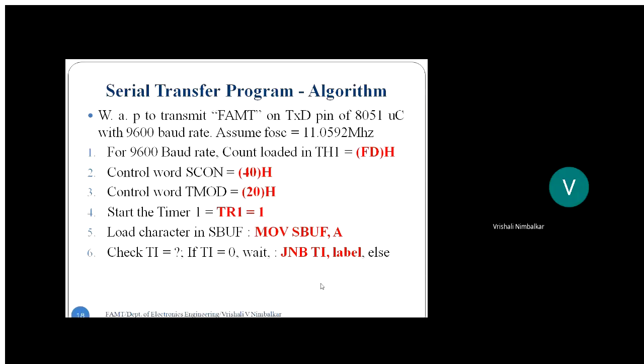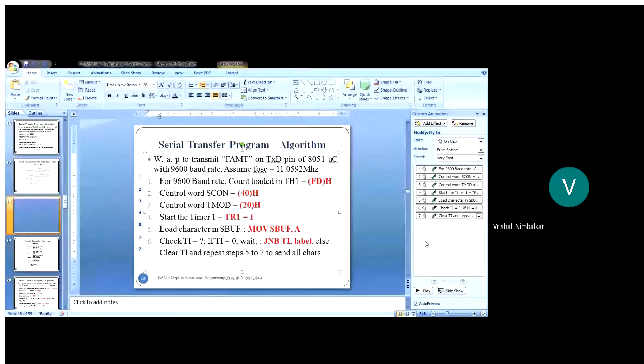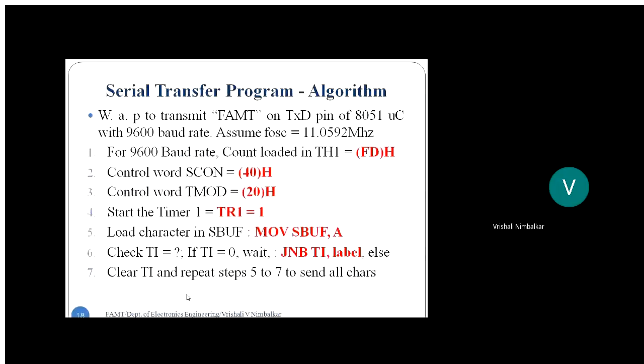Now, as soon as the flag is set, that is, the transmission is over, we will clear the TI flag and we will repeat steps 5 to 7. Is that okay? Since timer 1 is in auto reload mode, we need not stop the timer. It is internally used to generate a square wave with the desired frequency so as to get the desired baud rate.